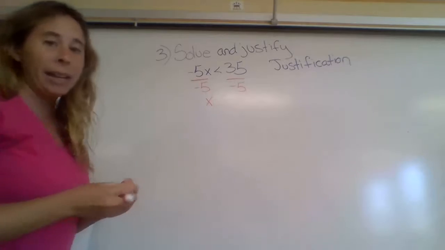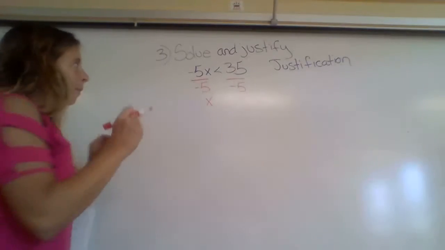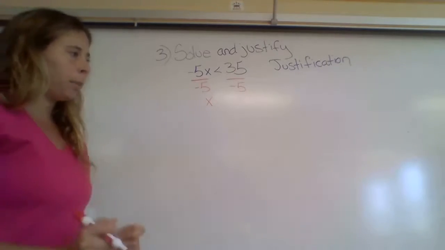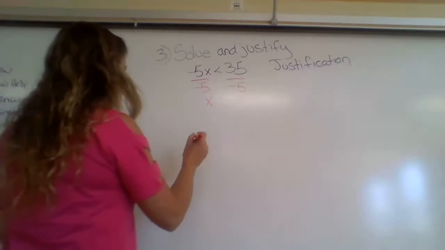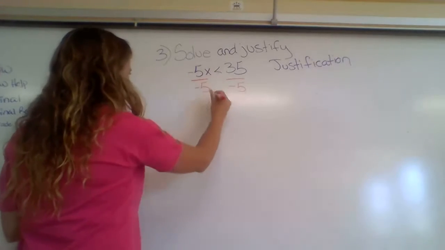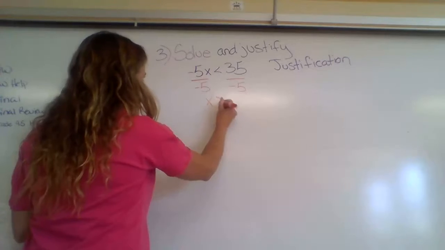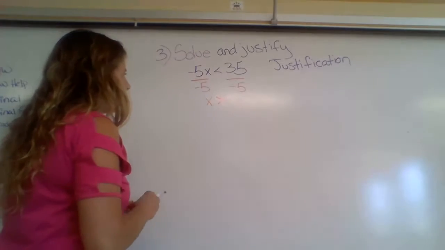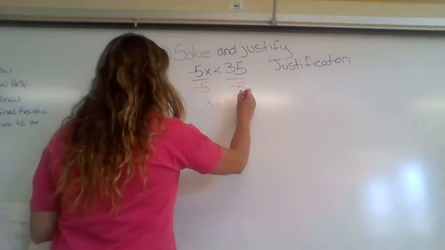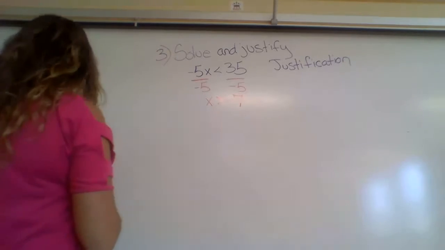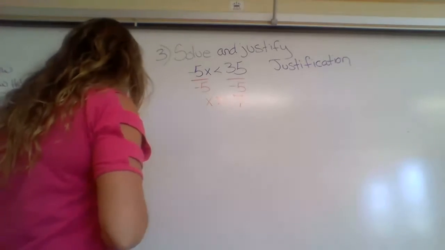I divided by a negative number. Dividing or multiplying by a negative number means you have to flip the sign. So see how it's less than, I'm going to flip it. And then 35 divided by negative 5 is negative 7. Then you write your justification.